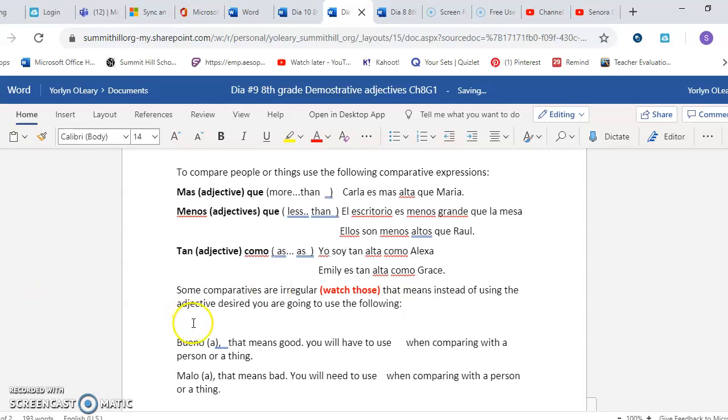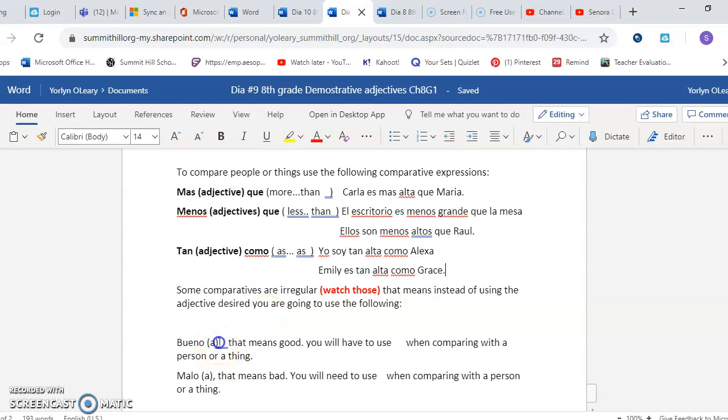Now, we have some comparatives that are irregular. You gotta watch those. They're irregular. So if I'm asking you to translate something with the following comparatives, you are not to write the regular adjective; instead you're going to use the following.